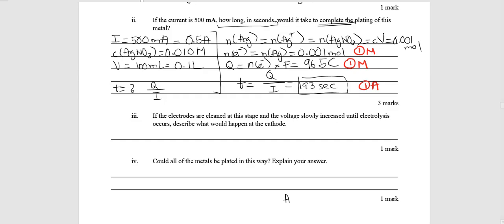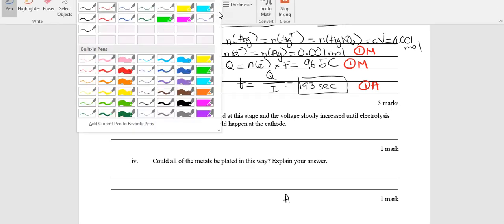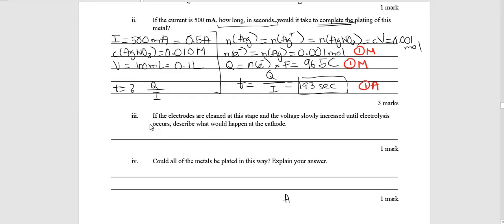So what is going to happen now is you're going to have copper 2+ ions being plated at the cathode. That's the answer for this question. So we're going to have Cu2+ ions plated, reduced.